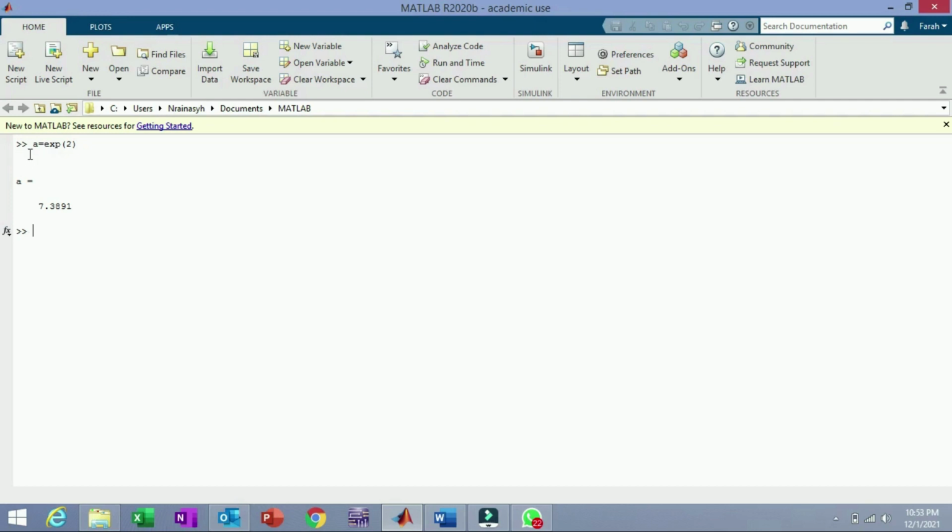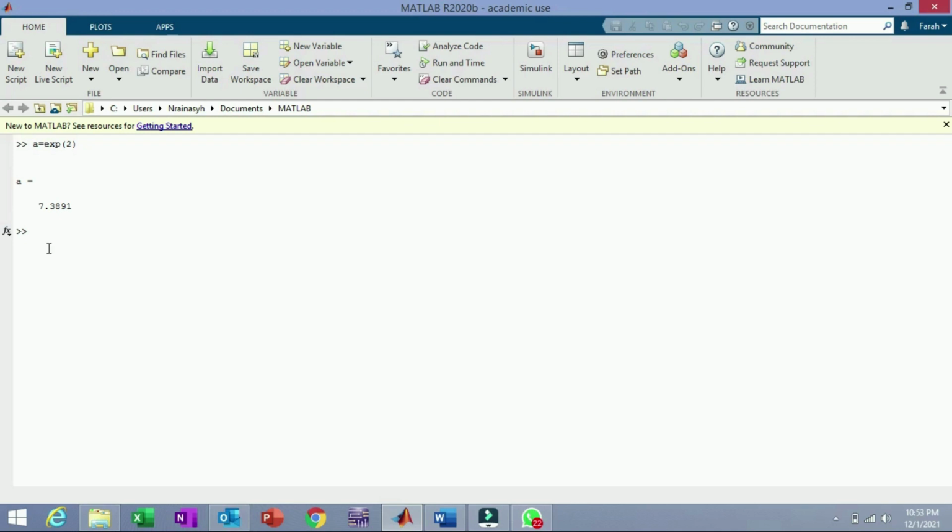In Matlab we use A equals EXP, with 2 in brackets, because it is e squared. After completing the expression, we press enter. Then we get the answer A equals 7.3891.